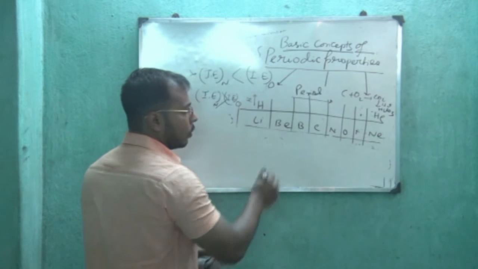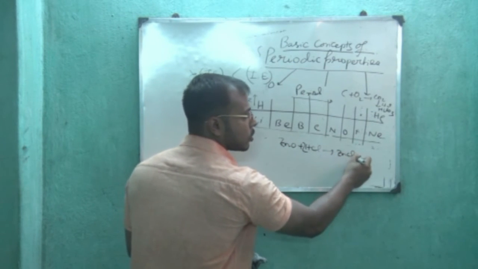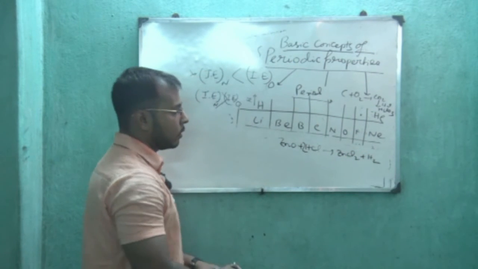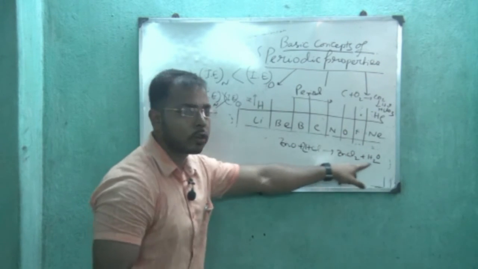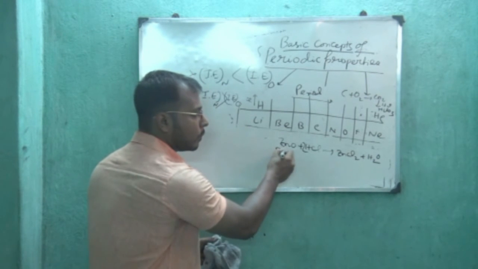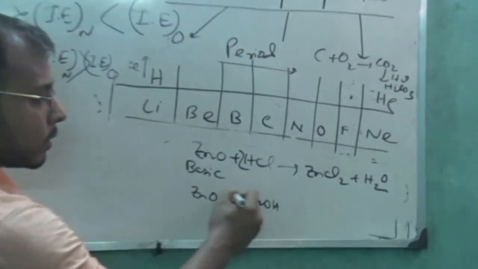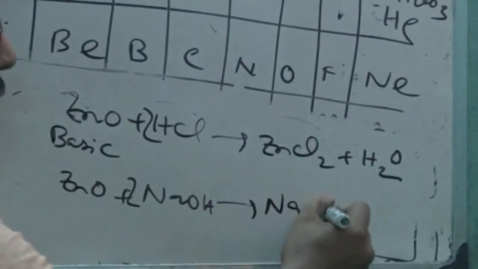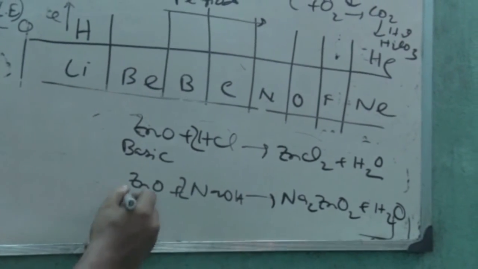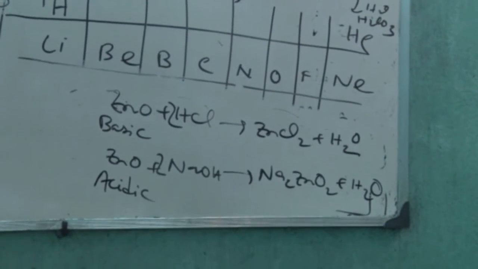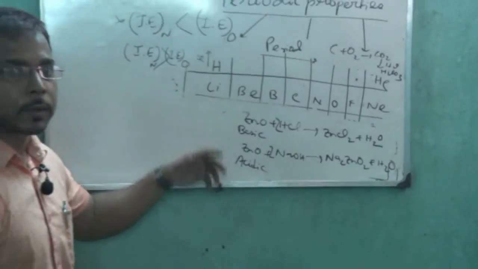Because when ZnO reacts with HCl, it will form salt and water, acid plus base gives salt and water. So it shows its basic nature. And when ZnO reacts with NaOH, it will form Na2ZnO2 and H2O. That means it shows its acidic nature. So ZnO has both abilities.